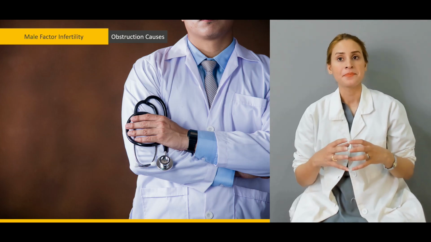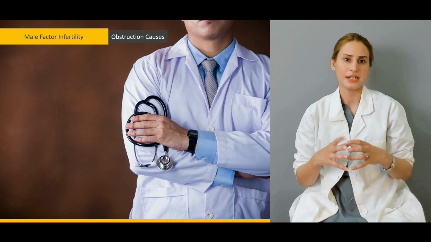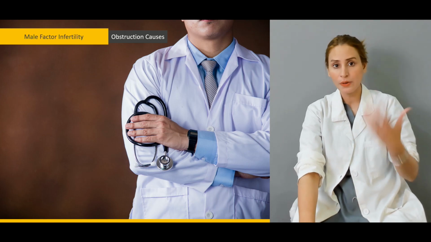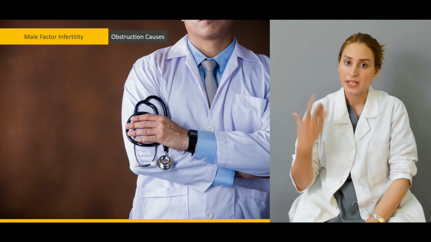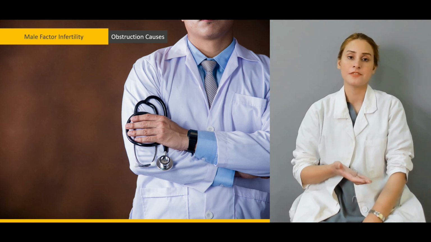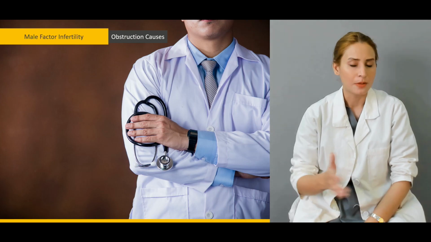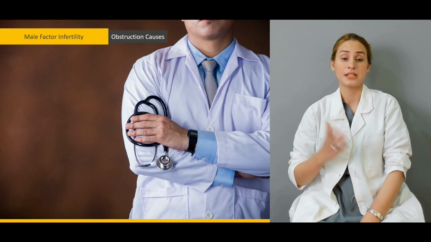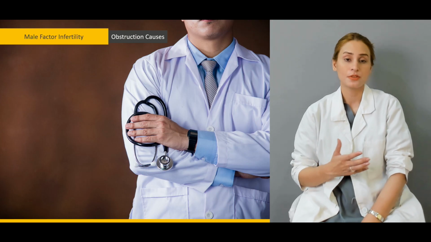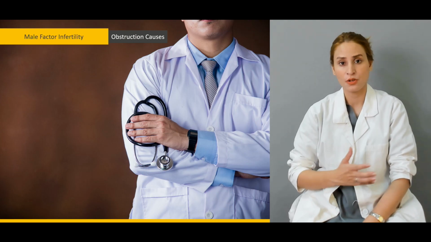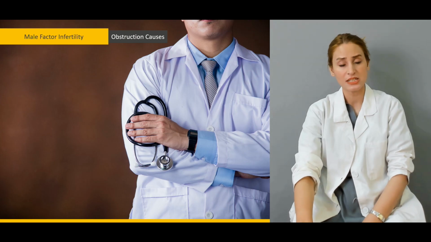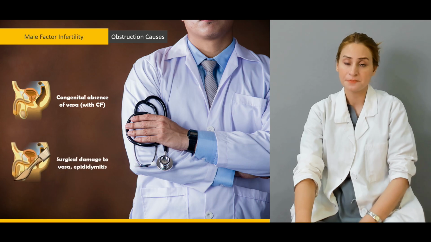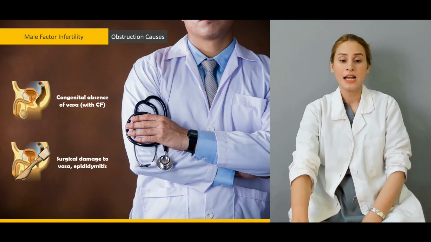There can be epididymo-orchitis, there can be epididymitis. So always keep in mind, when you are evaluating male factor infertility, evaluate for microchromosomal lesions or chromosomal abnormalities, Klinefelter syndrome, mumps orchitis, and other obstructive causes like epididymitis, or congenital absence of the vas deferens.